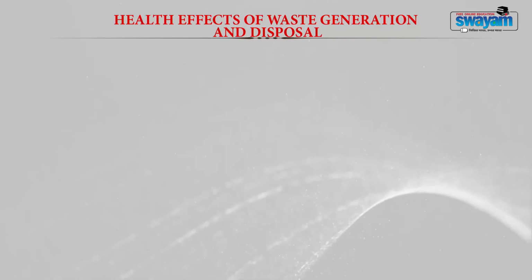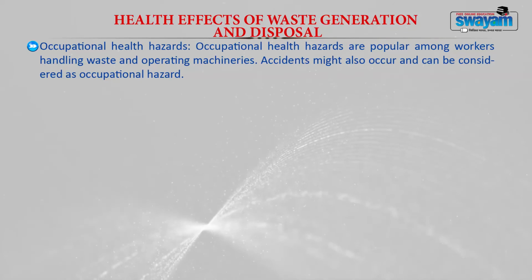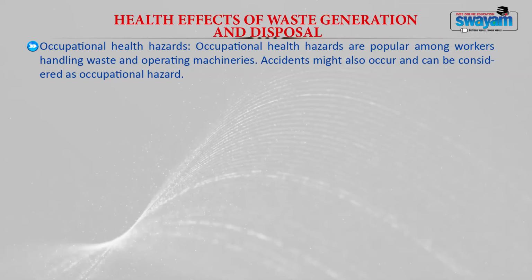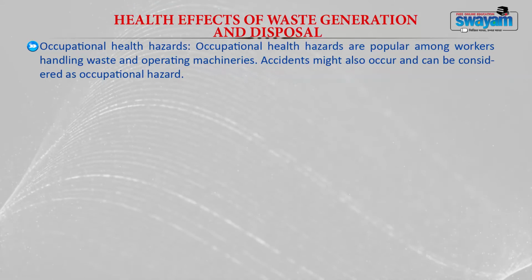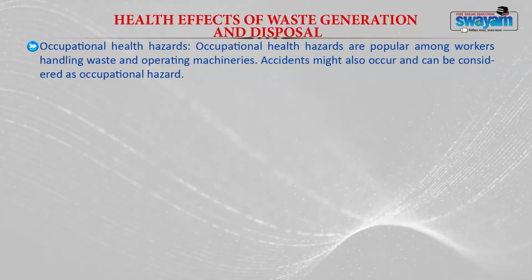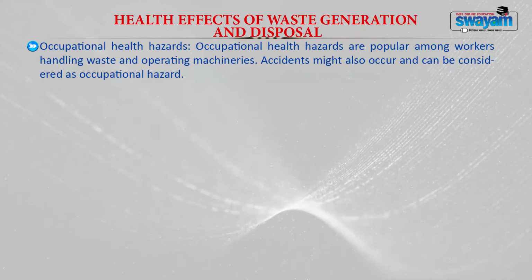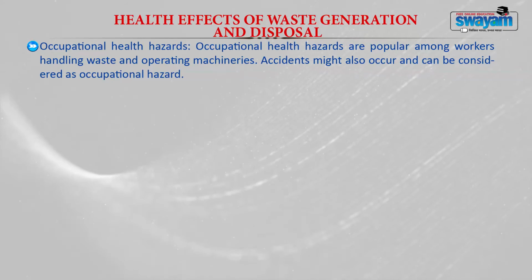Now, other occupational hazards: apart from infection, other hazards can occur while operating machinery or handling waste. Accidents might occur and can be considered occupational hazards. For example, waste is commingled waste. Commingled waste means everything is in a mixture, it is not segregated.